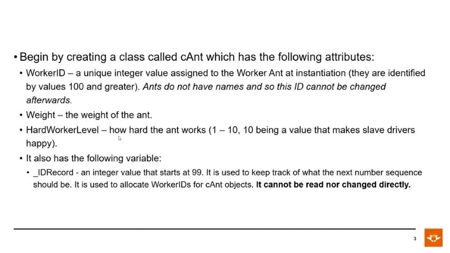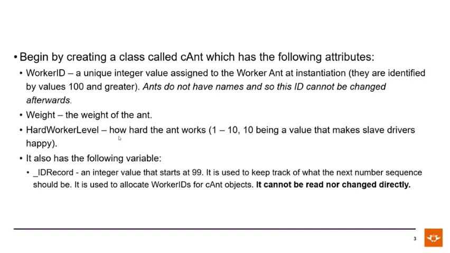Begin by creating a class called cAnt, which has the following attributes: worker ID, unique ID values assigned to a worker at initialization. They can be identified by values of 100 and greater. Ants do not have names, so the ID cannot be generated afterwards and cannot be changed afterwards.